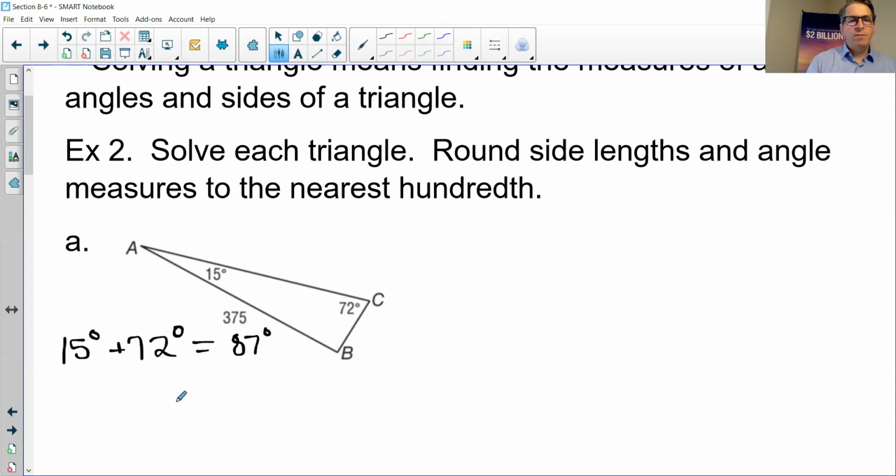So angle B will be 180 degrees minus 87, which is 93. So angle B in this case is 93 degrees.